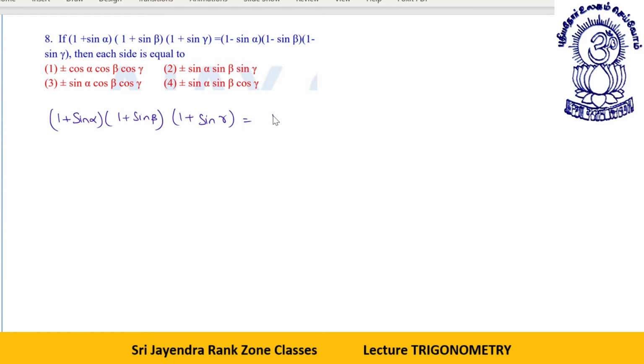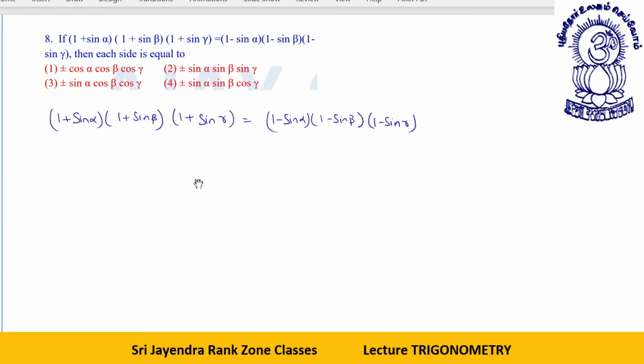This is given to you as 1 minus sine alpha, 1 minus sine beta, finally 1 minus sine gamma. You have to tell this is possible under what circumstances or by using which options. Okay, dear students, a little bit of a tricky question, but see how to do it.